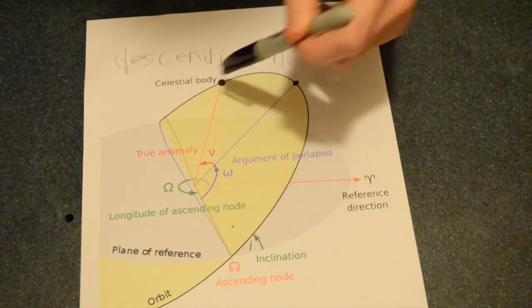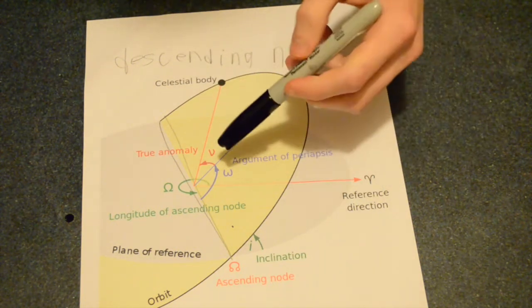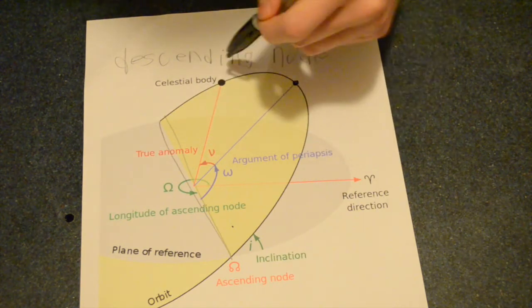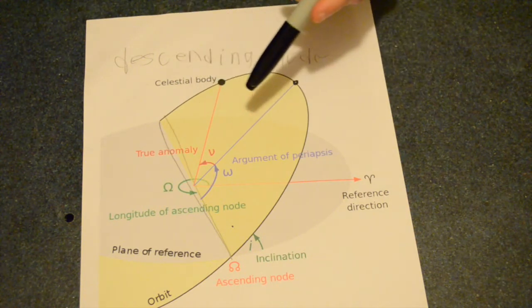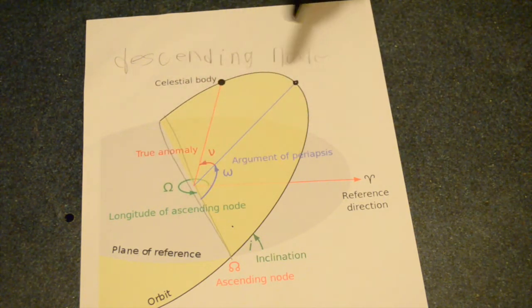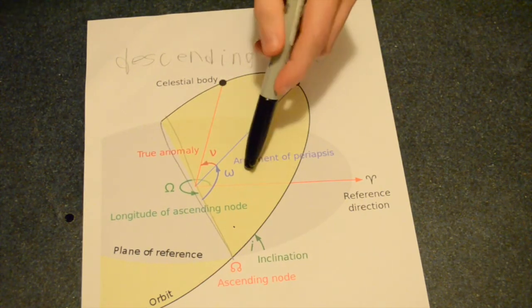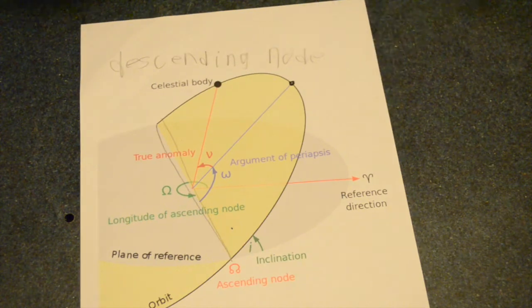So if you want to determine where you are exactly right now, you need the true anomaly, which is the angle of your spacecraft or your planet from the periapsis in the orbital plane around like that. That little V type thing, and the argument of periapsis is that little W type thing.